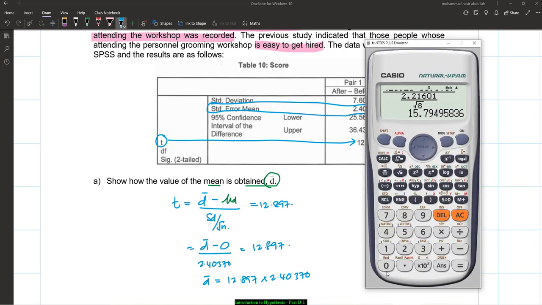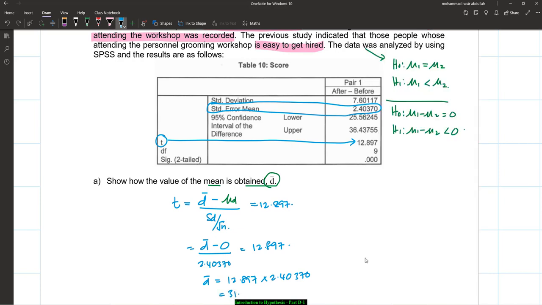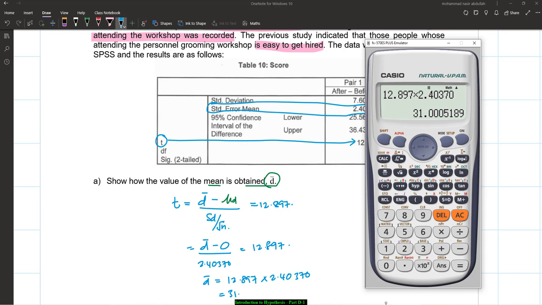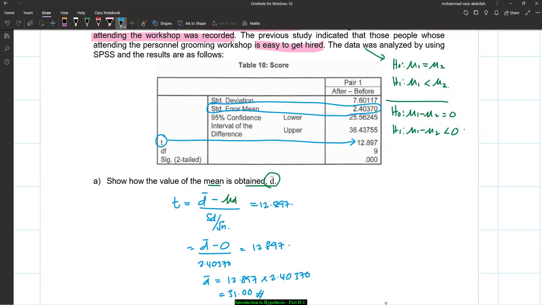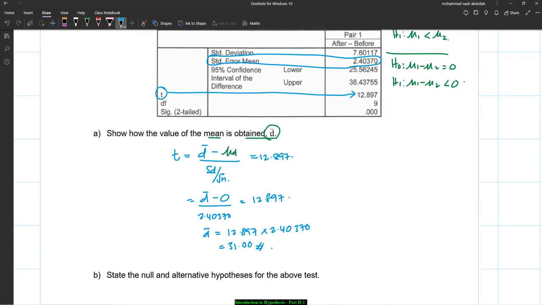So we just use our calculator. 12.897 multiplied by 2.40370. It should be 31.000, right?